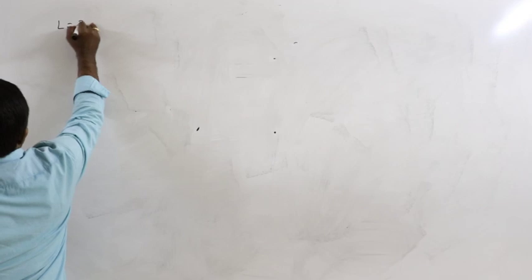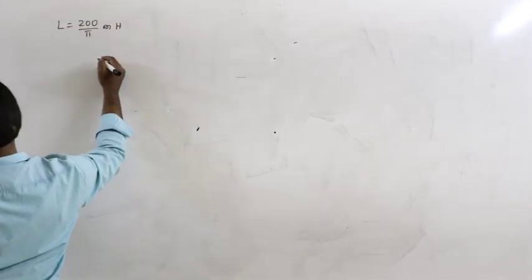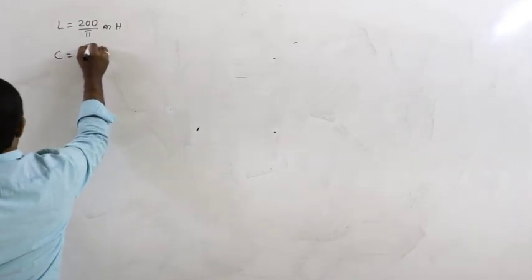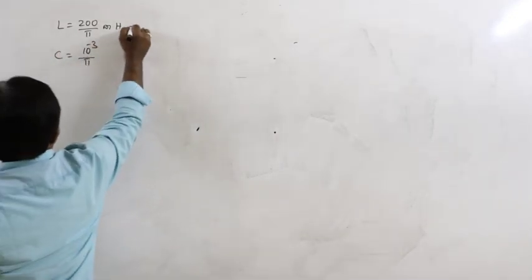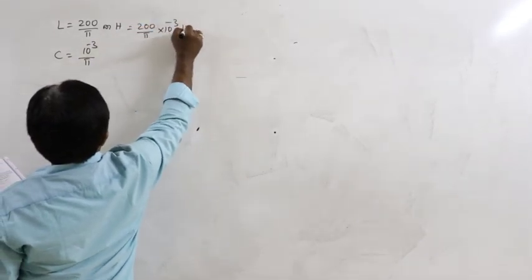An inductance of 200 by pi millihenry, that can be written as 200 by pi into 10 to the power of minus 3 Henry.